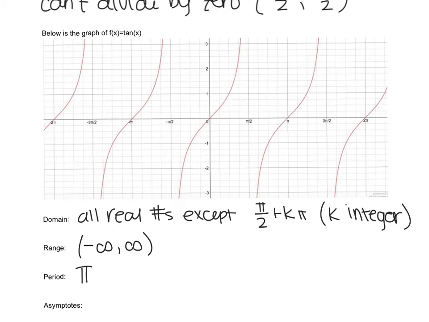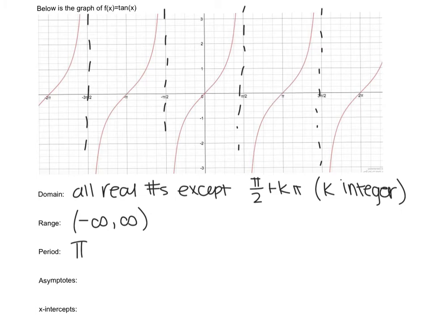If we look at the graph, I can draw lines through -pi over 2, pi over 2, 3 pi over 2. Those are the values that we exclude from the domain, so I can draw asymptotes there, and my graph of tangent is stuck between those asymptotes. Our asymptotes appear when x equals pi over 2 plus k pi, where again, k is an integer.